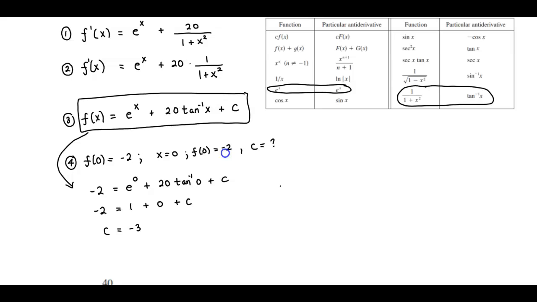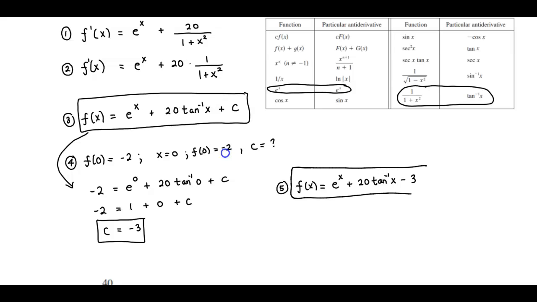And so therefore, now that we know what c is, we can now rewrite this as f of x, which is equal to e to the x plus 20 times the tangent inverse of x minus 3, since we know what the value of c is. And therefore, there is our function.